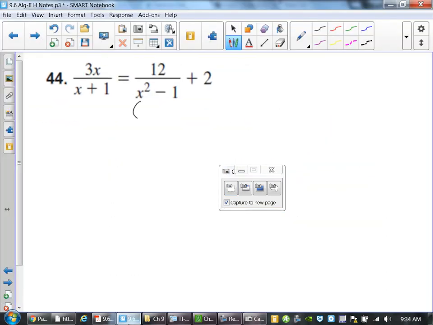So it's going to be x plus 1, x minus 1, which means my common that I'm going to multiply everything by is? Very good. So the first fraction just needs the, excuse me, x minus 1.